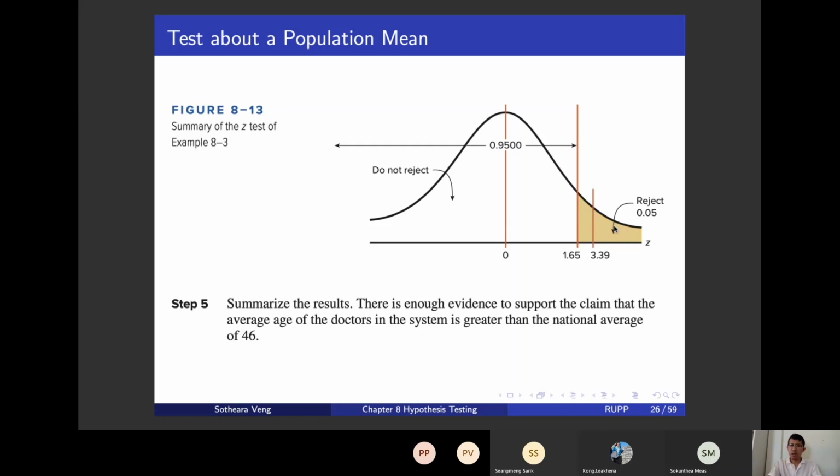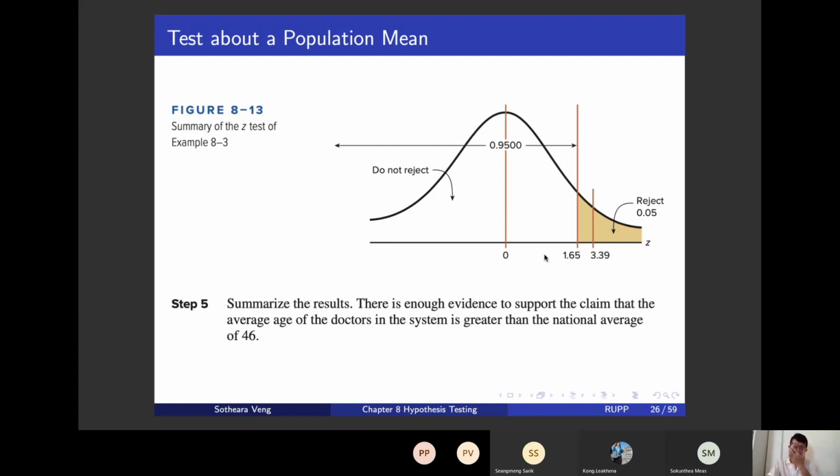But in the same case, you may just look at the area. Okay. The area corresponding to this test value is smaller than the significance level. So you also reject the null hypothesis.